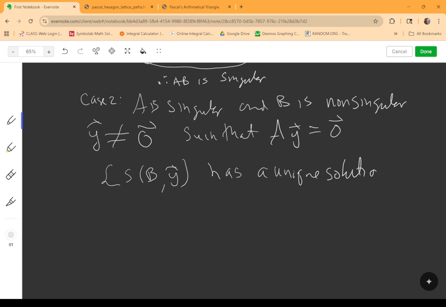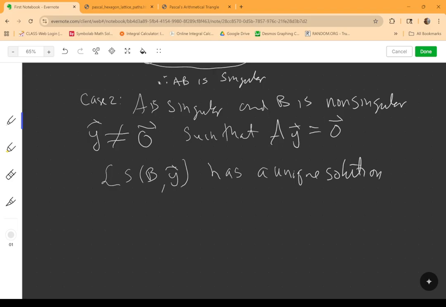I think this was one of the properties of that NME theorem, where all these were equivalent statements. B being non-singular reduces in reduced row echelon form to the identity, meaning that it has a unique solution for any linear system for vector y or whatever we want to call the vector.